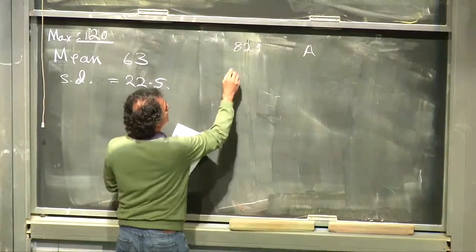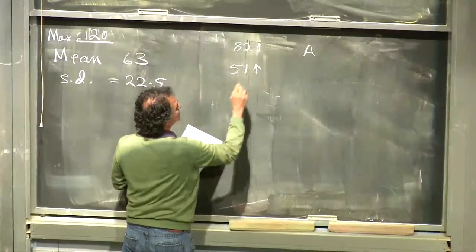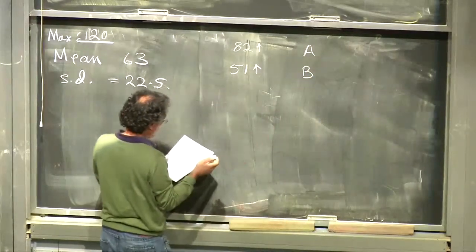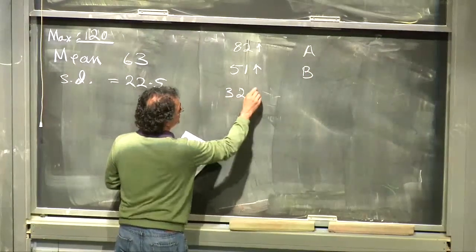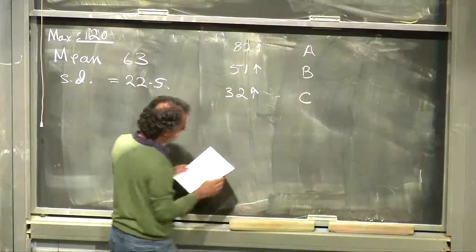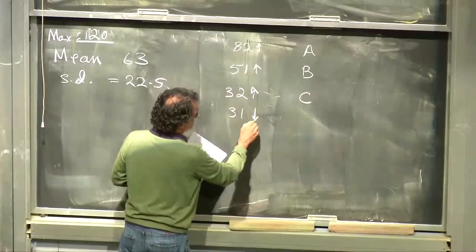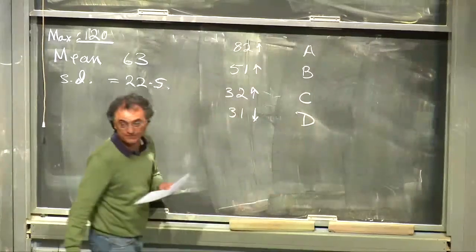If you got above 51 but below 82, then you should think of that as some form of B. If you got above 32, you should think of that as some form of C. And if you got below 31, then that's some form of D or F.